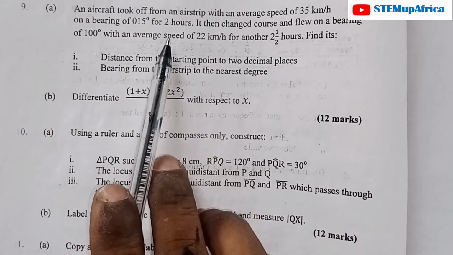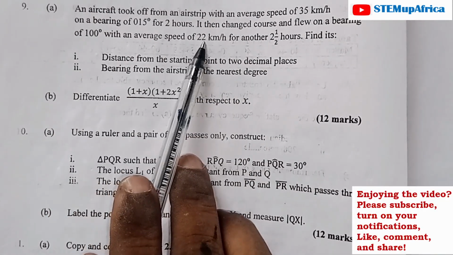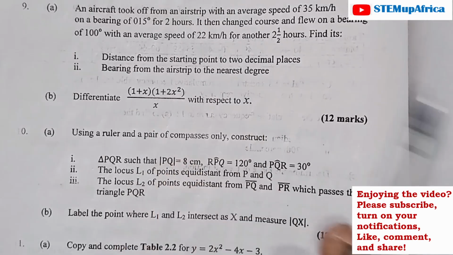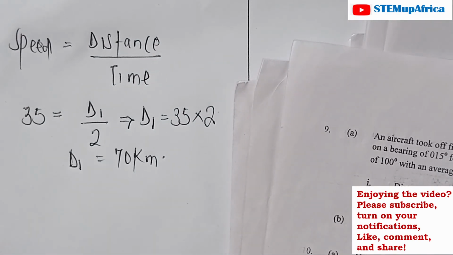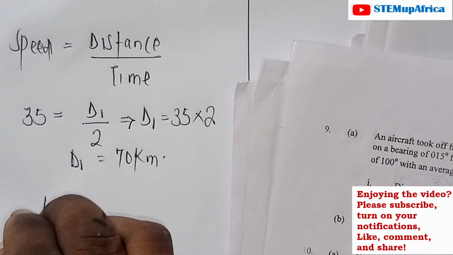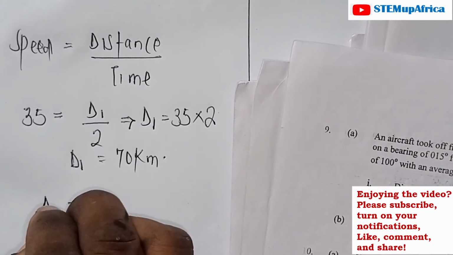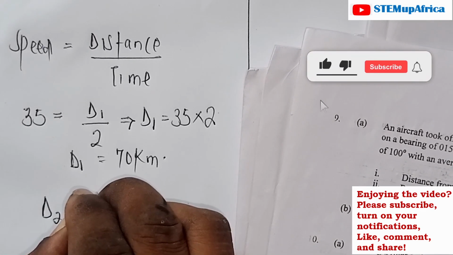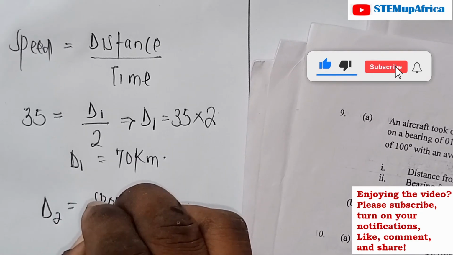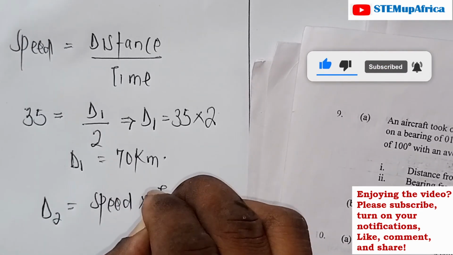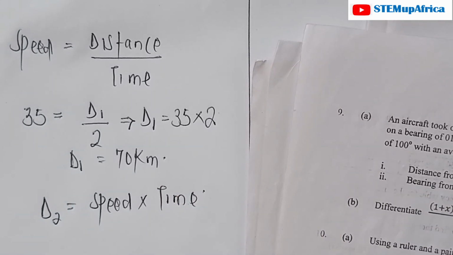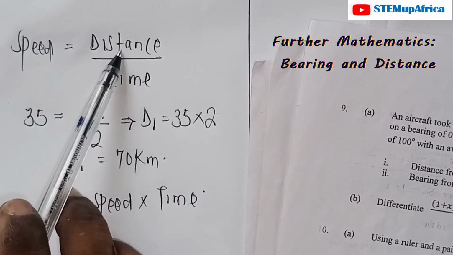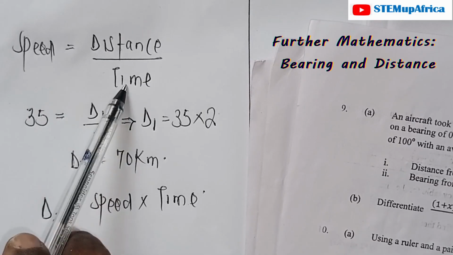Then for the second distance, it travels at 22 kilometers per hour for 2.5 hours. So let's find the second distance now. That becomes our d2. So my d2 is simply speed times time. From here, I made the distance the subject of the formula, it becomes speed times time.